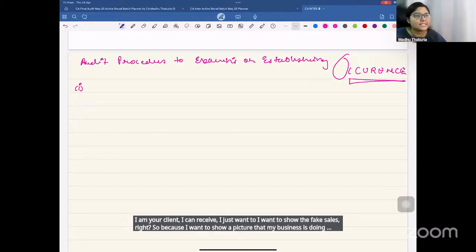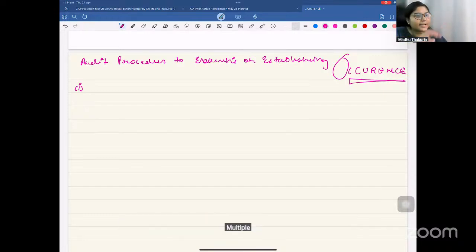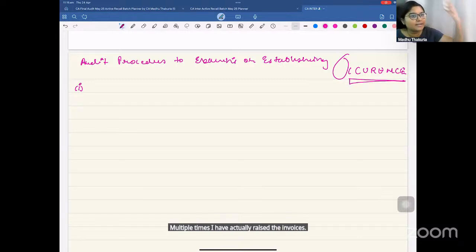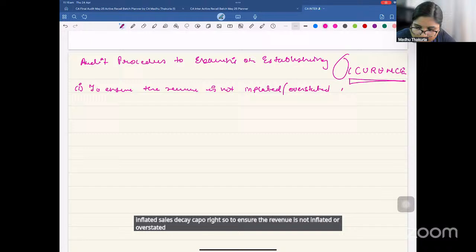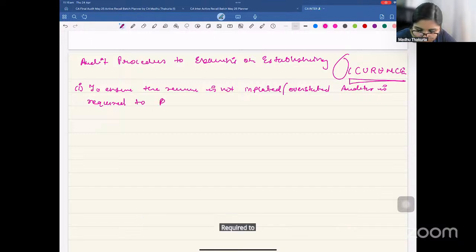To show fake sales, I have actually raised invoices multiple times on the basis of one customer order, due to which you will see an increase, inflated sales. So to ensure the revenue is not inflated or overstated, the auditor is required to perform the following.